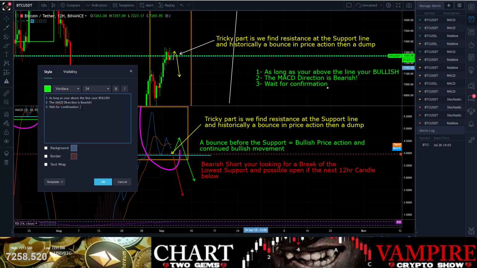So you have to wait for confirmation of the candle, and this confirmation can come in 2 ways. This candle can bounce up with a 12-hour closure, or 2, it can break the lower support and open a new 12-hour.